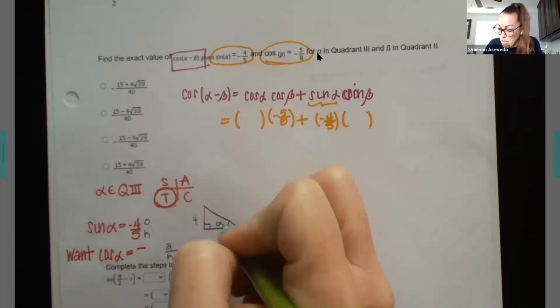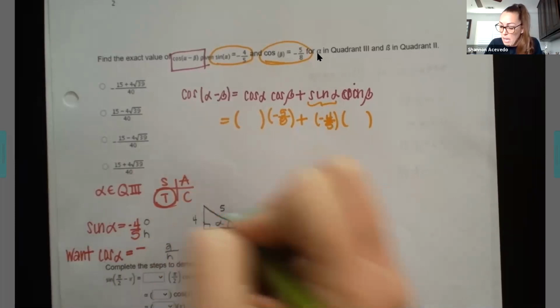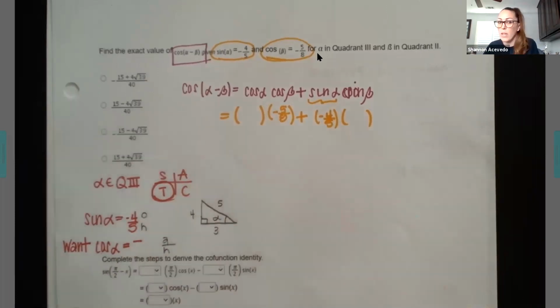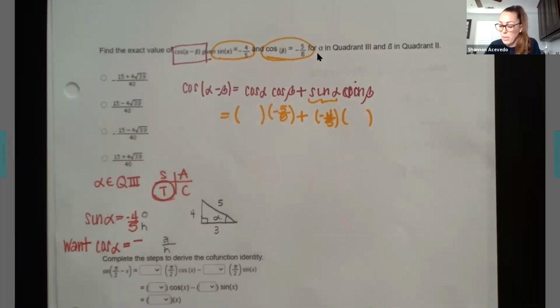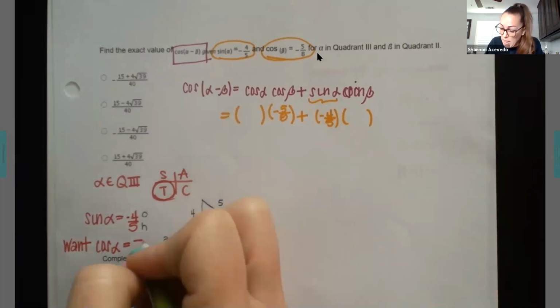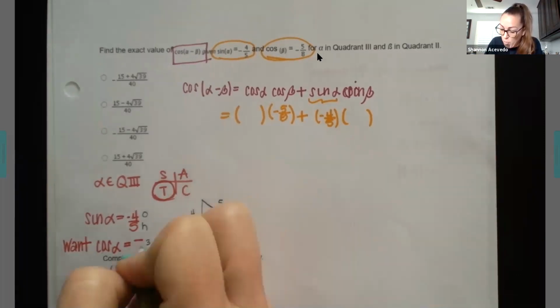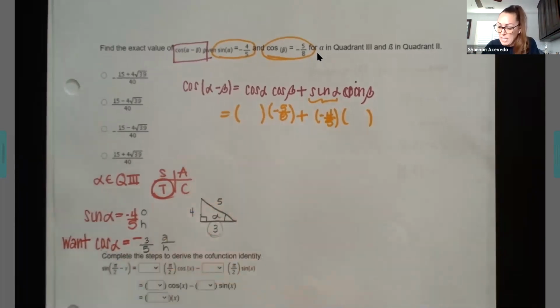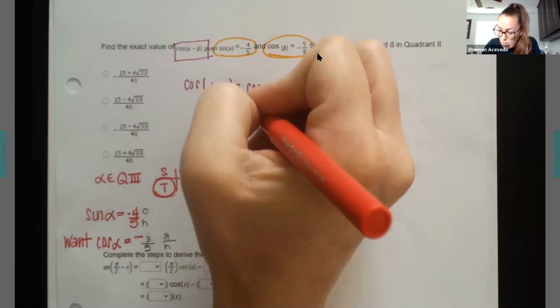My hypotenuse is 5. Then I'm going to have a 3, 4, 5 triangle. It's probably the most common one that you guys are pretty familiar with. If I didn't know that, I could use the Pythagorean theorem to solve for this missing side. So this tells me then that cosine of alpha is -3 fifths.